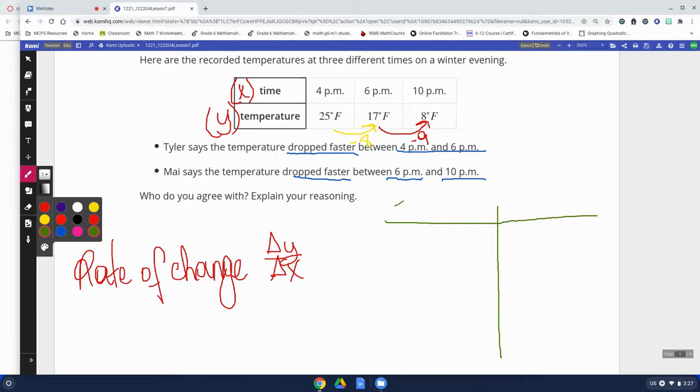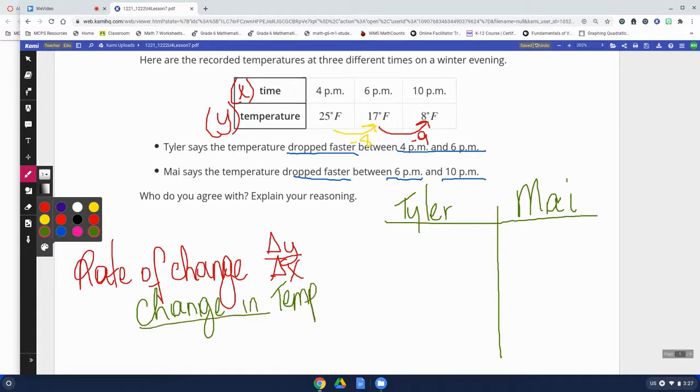There's Tyler, there's Mai. We're talking about change in temperature over change in time, and that's really how we're going to figure out the average change over those time periods.